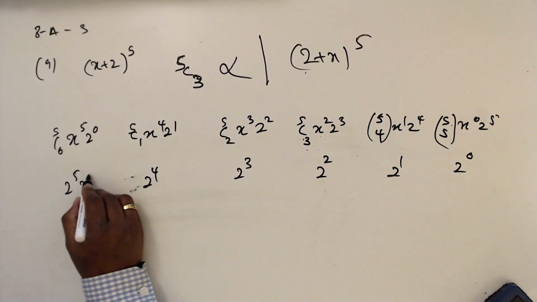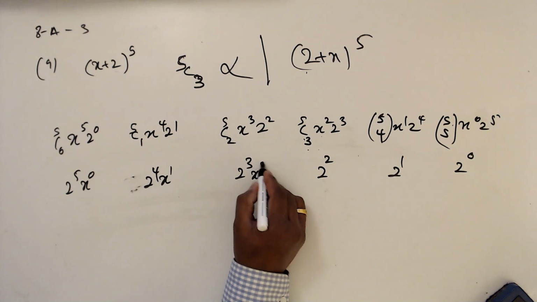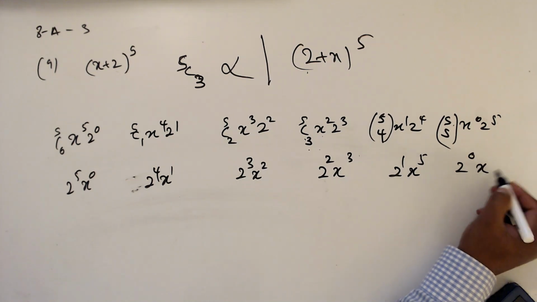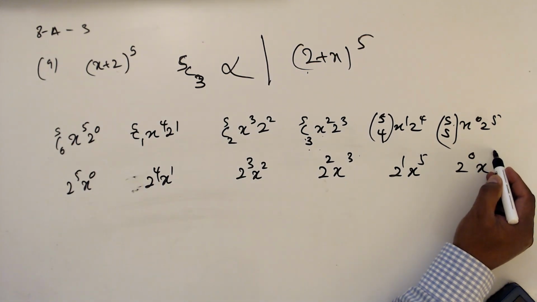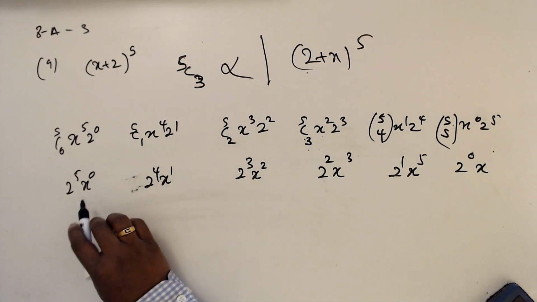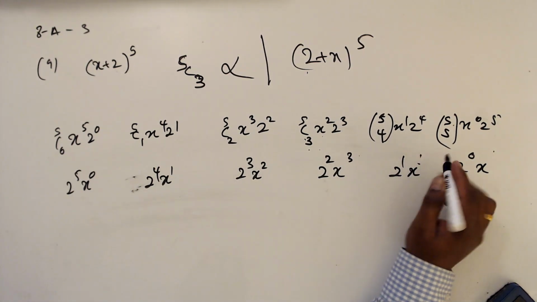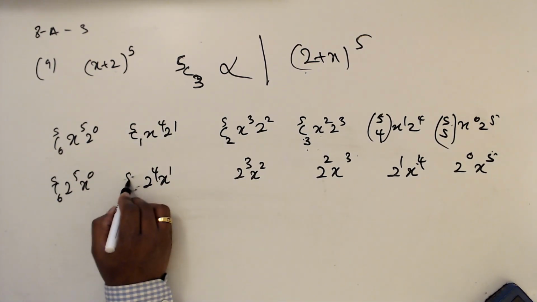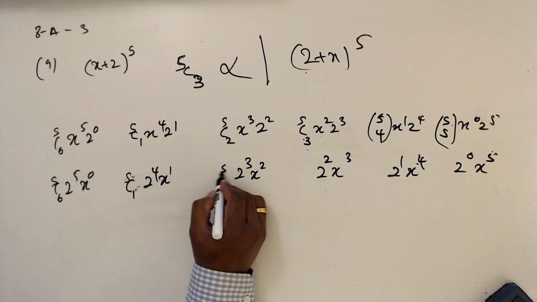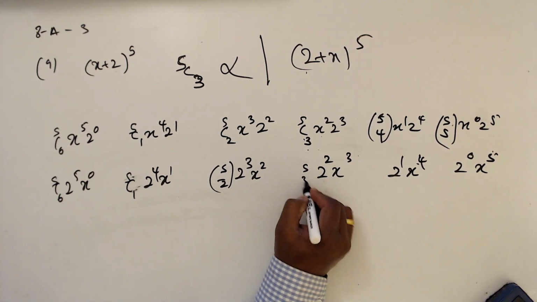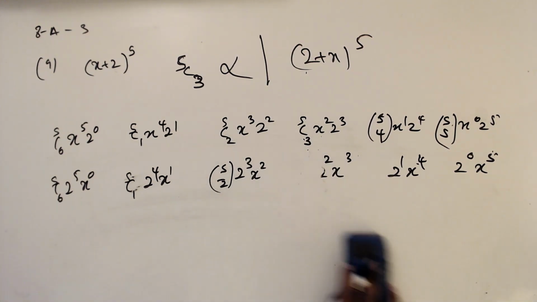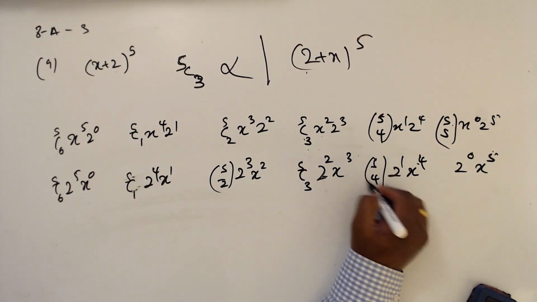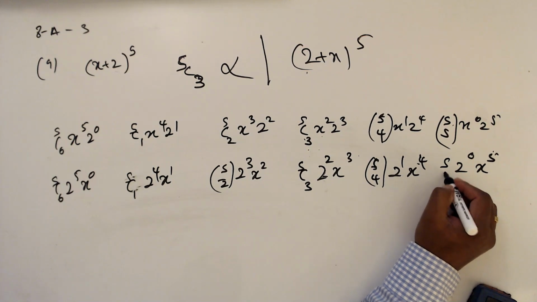Now x^0, x^1, x^2, x^3, x^4 and x^5. Then 5C0, 5C1, 5C2, 5C3, 5C4, 5C5.